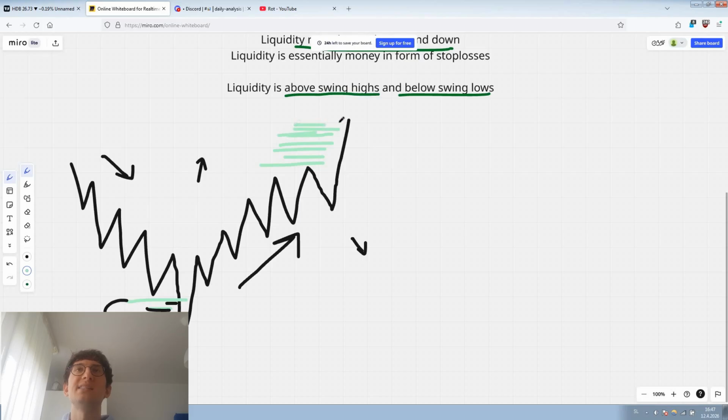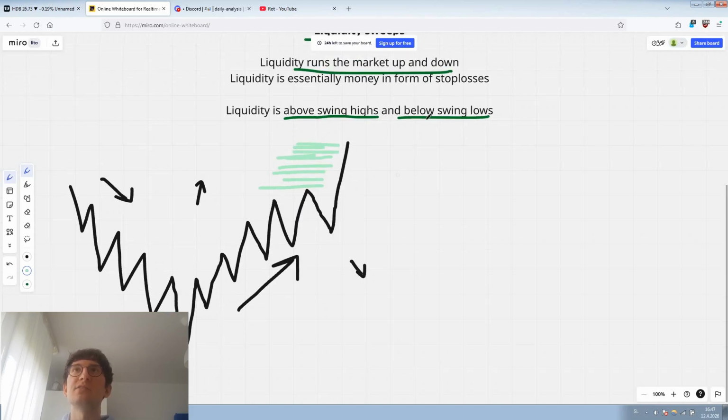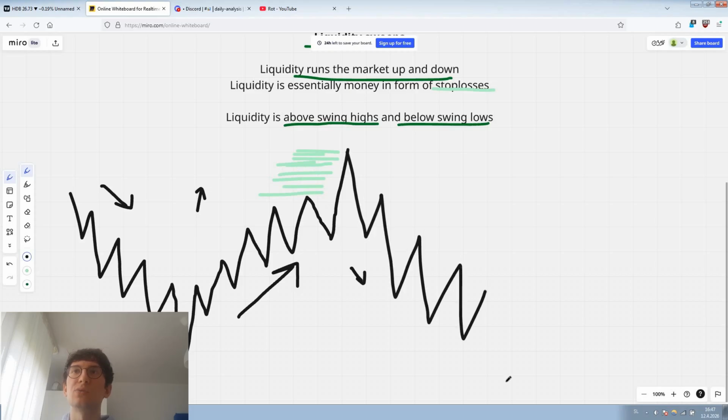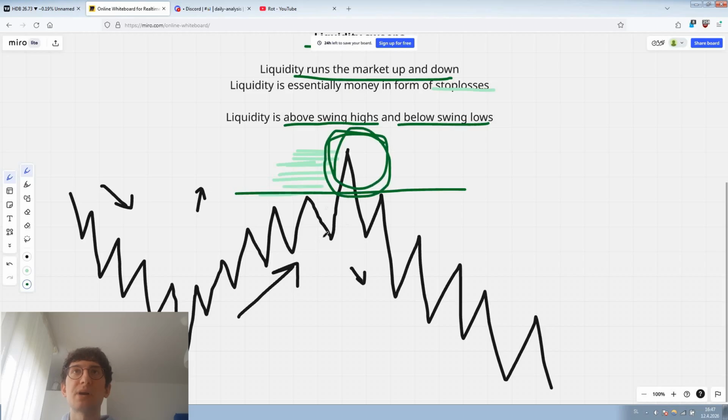Since people are selling because they have stop losses over here, banks are buying those positions and then dumping everything back down. This is basically what it is. So what is a liquidity sweep? It is when we have a line and then we push the price above that line, or below that line. You are going to see it on the chart.